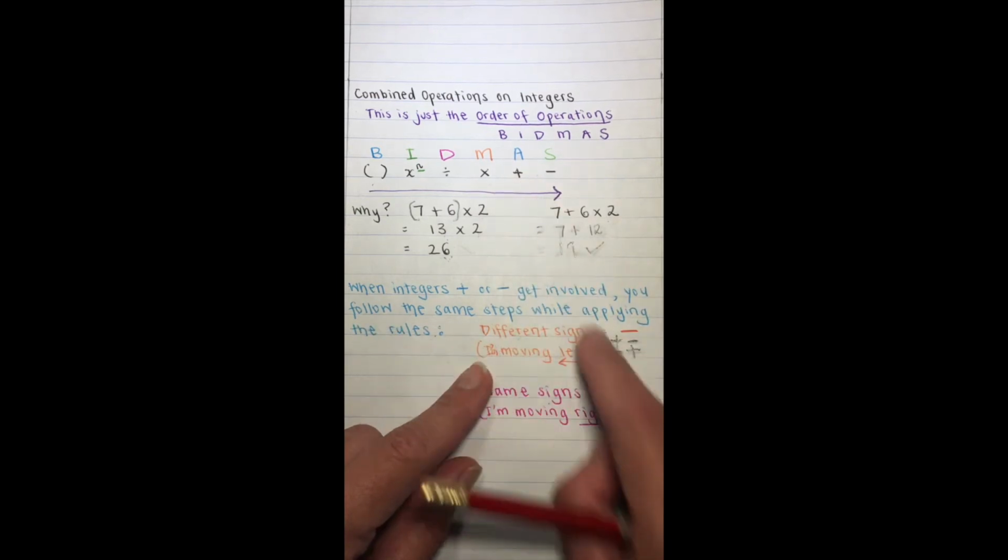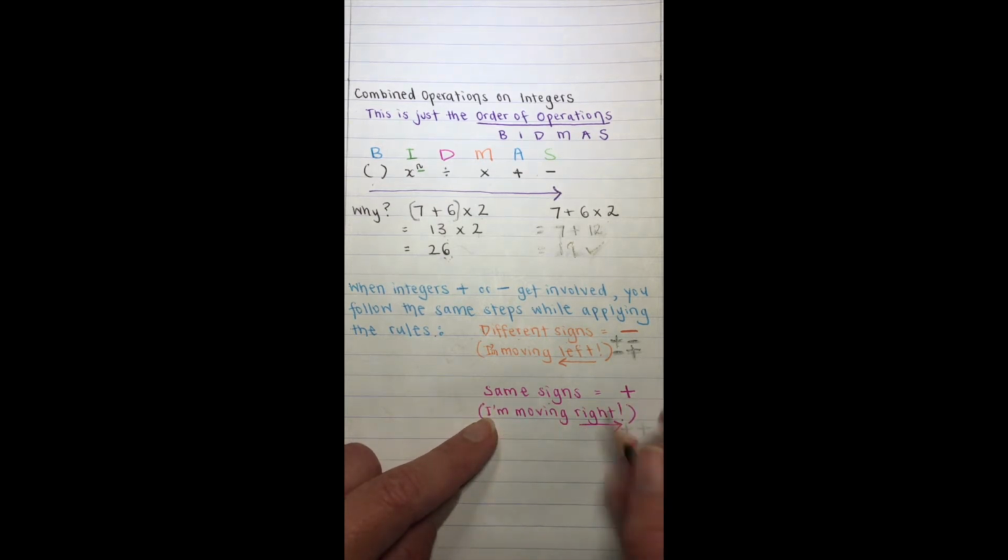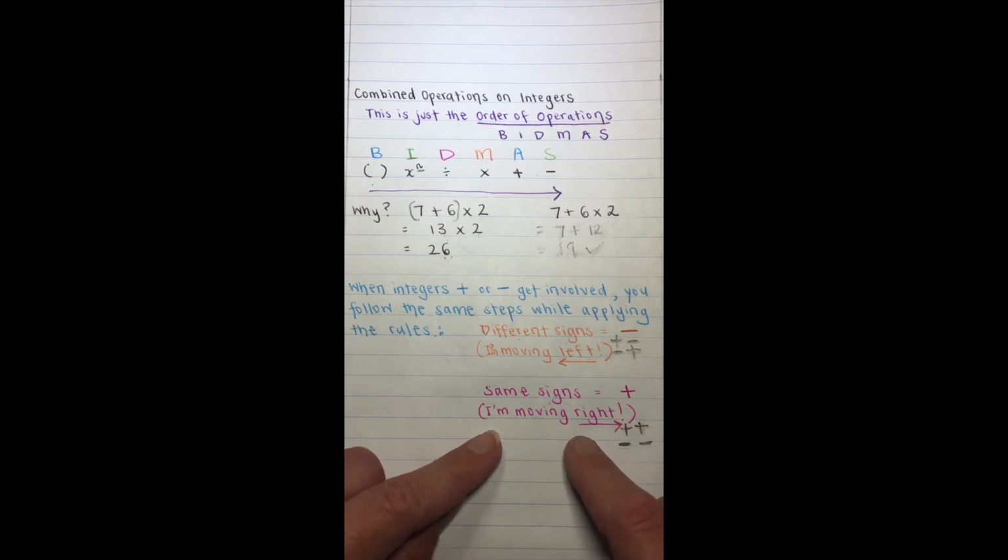Again, staying on addition and subtraction, when I've got the same sign, I always get a positive. I'm moving to the right because I'm either adding a positive or I'm decreasing a debt. Adding a positive is increasing an asset, minusing a minus is decreasing a debt. I'm moving right.